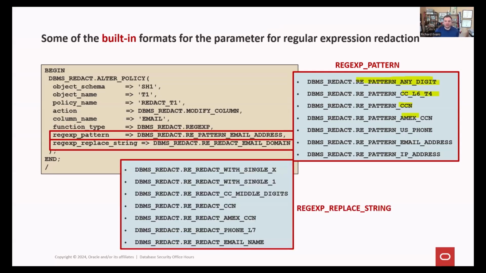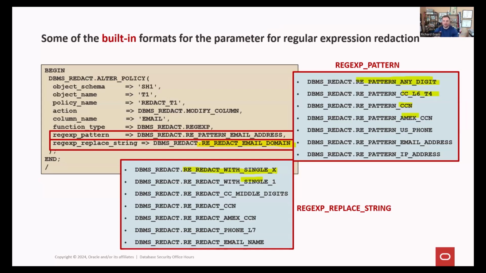And then we can also choose what we want to replace it with. In this example, I replaced the email name with redacting the email domain instead. So I just don't want to show the domain to the user, right? And we can choose what we want to redact that with. So let's just do single X's, single ones, whatever it is there. We can choose how we want to replace that string in our column.